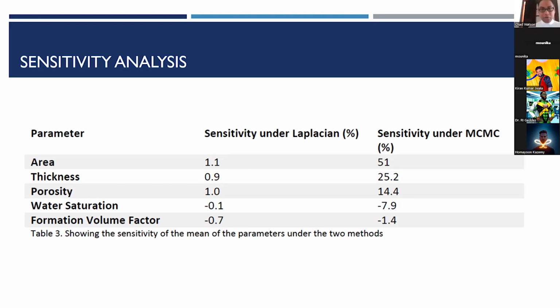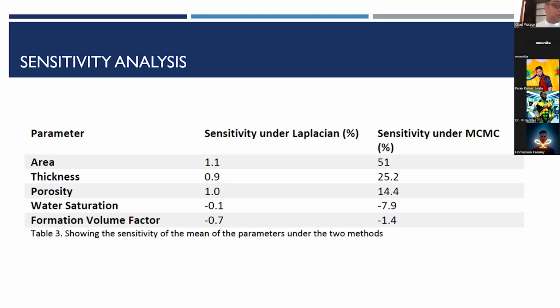Because if you predict that you're going to have this amount of oil and you have much less oil, then obviously you're spending a lot of money to produce and do well tests, and in the end of the day, you don't have as much oil as you think you do. And that's usually a problem we have a lot. So you need to have more robust techniques.